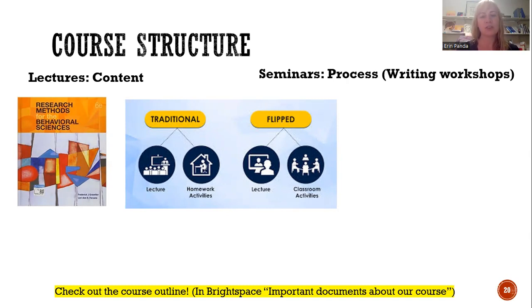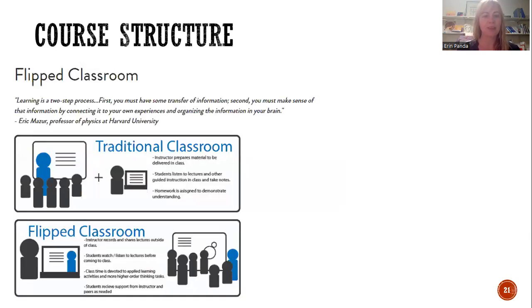All of this learning is going to happen in what's called a flipped classroom approach. So I'd like to describe what that is by first explaining what it's not. So in a traditional classroom style, the instructor would prepare the slides for you right before class. You would then come to class very passively listening to the instructor, maybe taking some notes, maybe there'd be some time for a few questions or few activities, but not very much time.